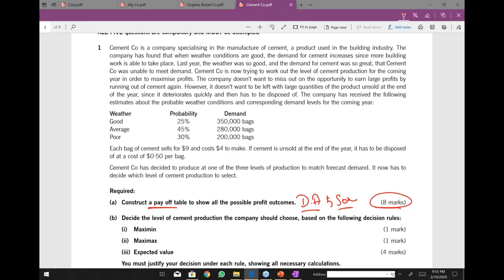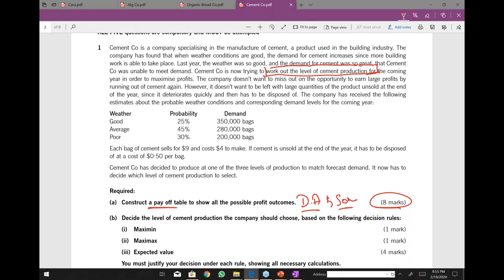Last year, the weather was so good that the demand for cement was so great that cement company was unable to meet the demand. Cement company is now trying to work out the level of cement production for the coming year. So what cement company is trying to work out is the level of cement production.